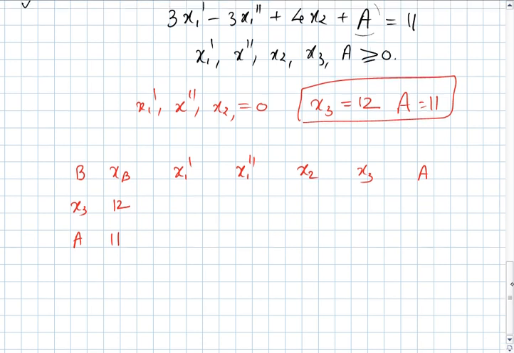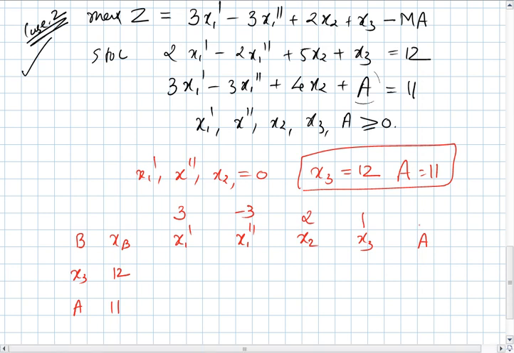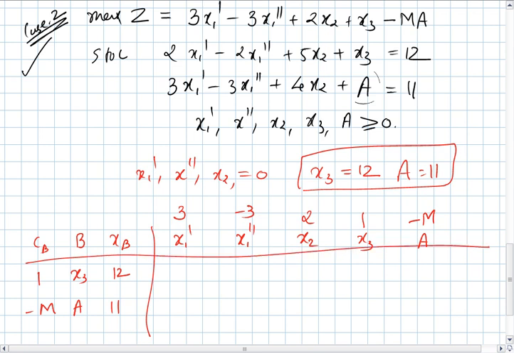The x1' coefficient in your objective function is 3, x1'' coefficient is -3, x2's coefficient is 2, x3's coefficient is 1, and the artificial variable's is -M. Now writing the coefficients here, that is CB: x3's coefficient is 1, a's coefficient is -M. Now writing the constraint coefficients.